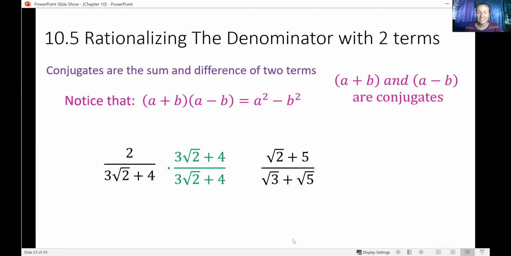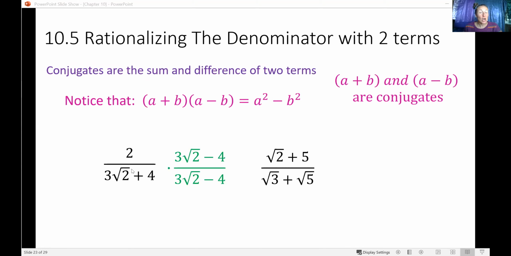And it looks like I've got a tiny typo there. Here we go. The conjugate is going to be the opposite sign. So we're going to multiply by 3 root 2 minus 4 over 3 root 2 minus 4. Because remember, we're just multiplying by a version of 1. A very specific version.